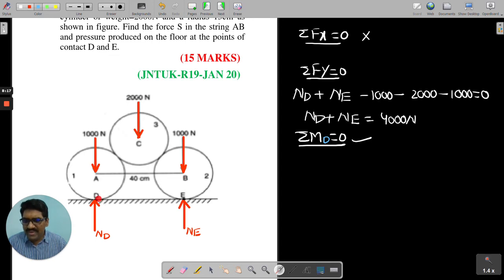Okay, if you take moment center as D, 1000 is also passing through D. Okay, therefore I am writing moment center as D, all of you. You can take moment center as E also, same answer you can get. Okay, therefore I am writing the equation of, listen carefully, right. Now if you take, just see here, if you take moment center as D, moment of 1000, moment of ND will become 0. These two moments will become 0 because these two are passing through point D.